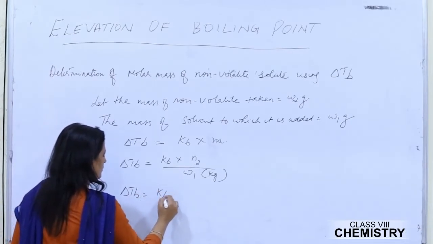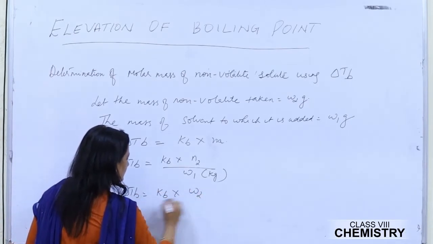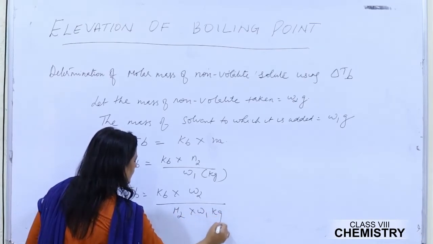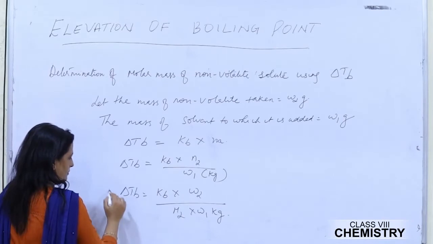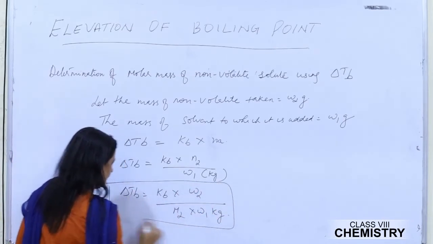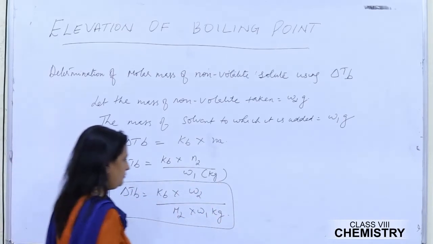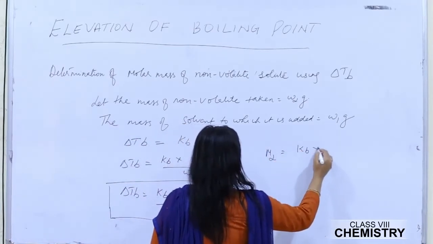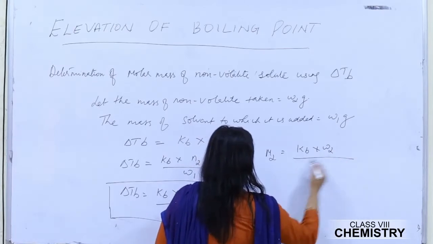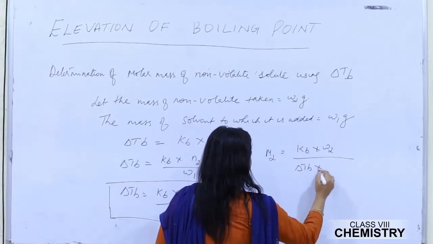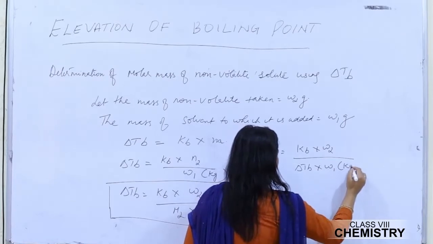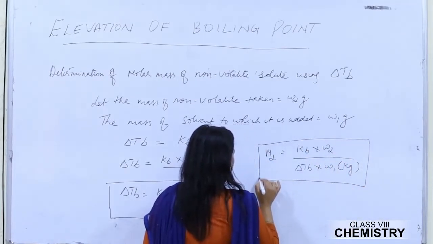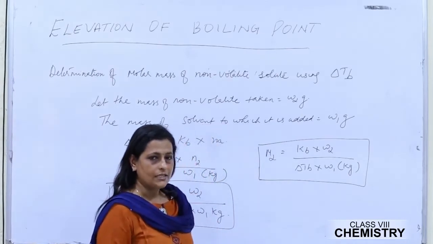N2 is equal to W2 by M2. So delta Tb is Kb into W2 divided by M2 into W1 in kg. Or what can you get? M2 is equal to Kb into W2 divided by delta Tb into W1 in kg.